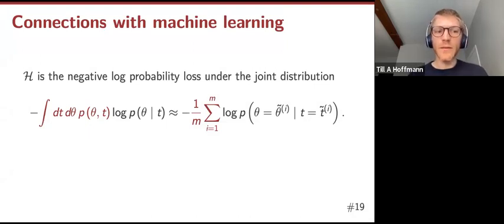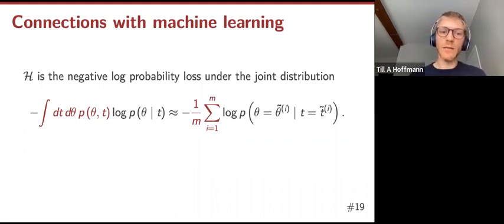So the expected posterior entropy is just the negative log probability loss under the joint distribution, which is used a lot in the machine learning literature, for example, classifying images of dogs and cats. And we can get an estimate of the expected posterior entropy by using a Monte Carlo estimate rather than doing these integrals properly.